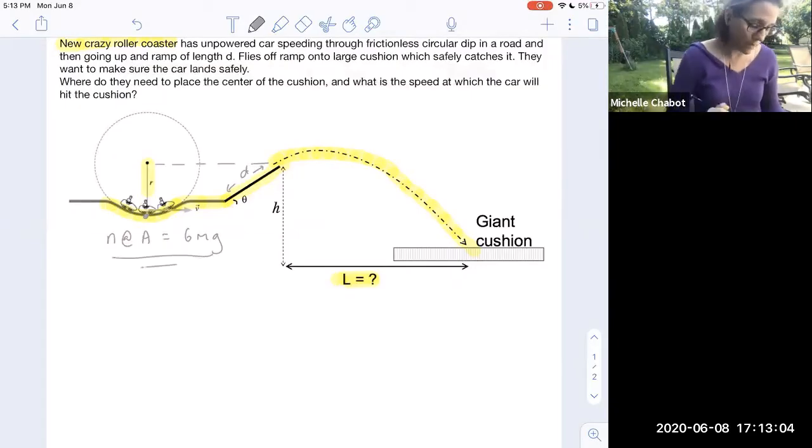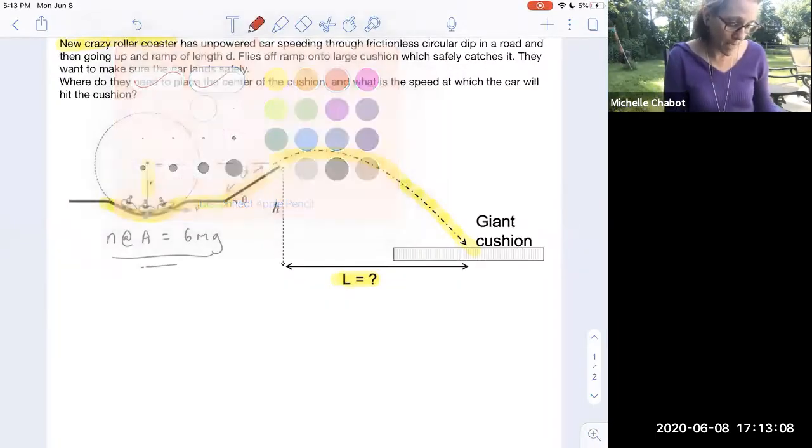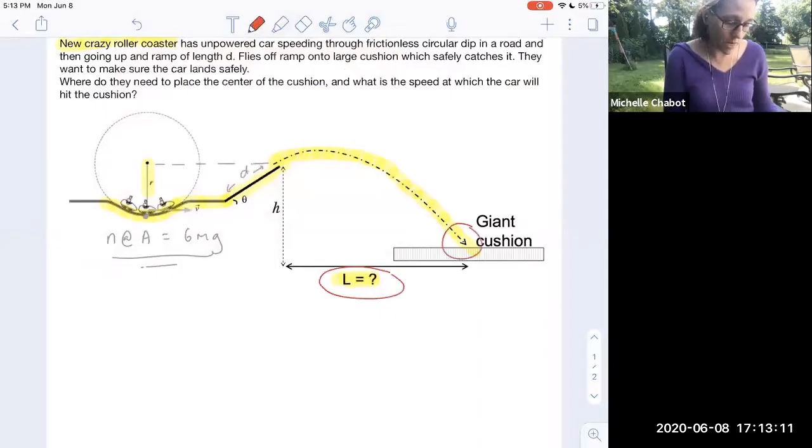So that's a bit of given information. And we again want to find L, and we want to find the speed at which it's going to hit the cushion so that they can make sure it's not too fast and that the cushion is in the right place.